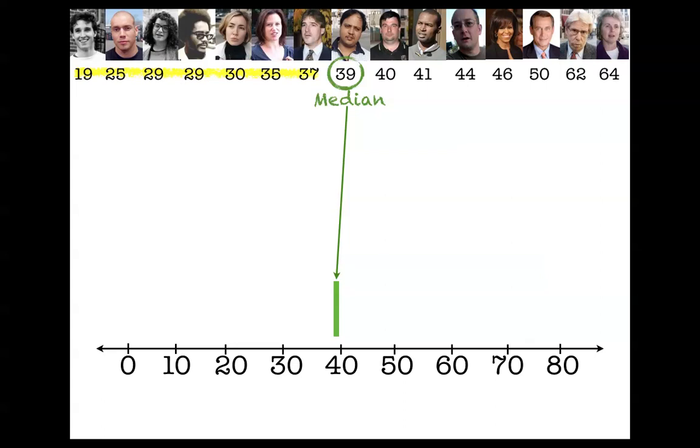Here's what we're going to do next. We're going to take a look at the lower half of the data that I just highlighted here, and we're going to find the median of that. The median of that happens to be 29. And we're going to call that a lower quartile. A quartile is just a quarter marker. You know how a median marks the middle point of the data?